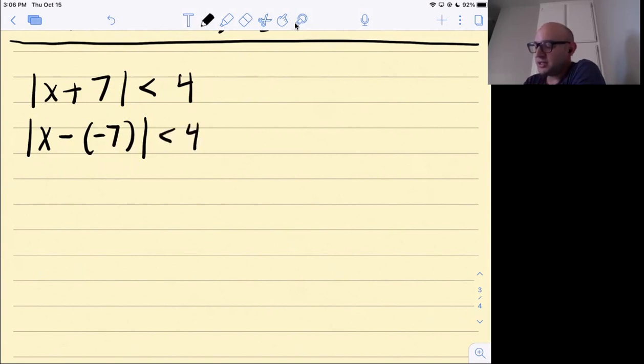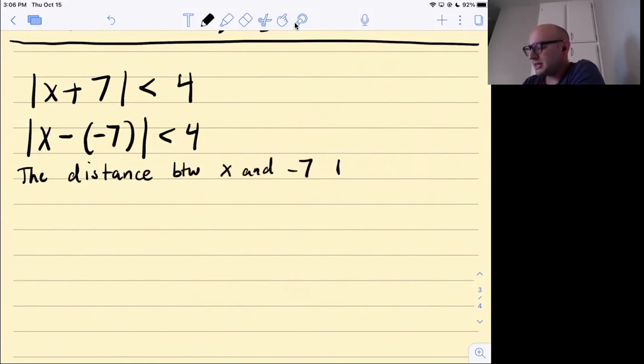So now this is saying the distance, because we have a minus in between two numbers, so we can talk about subtracting them and taking the absolute value, that's the distance. The distance between x and -7 is less than 4. So if we draw that picture, now our center point is -7.